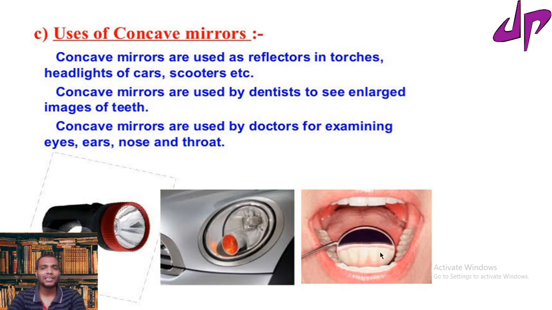We can easily see any tooth decay present with the help of concave mirrors. So dentists especially use these mirrors. Similarly, concave mirrors are also used by doctors for examining ears, eyes, nose and throat, etc.